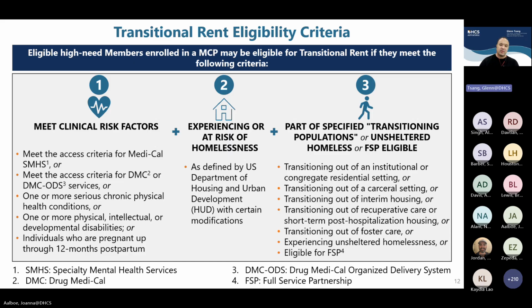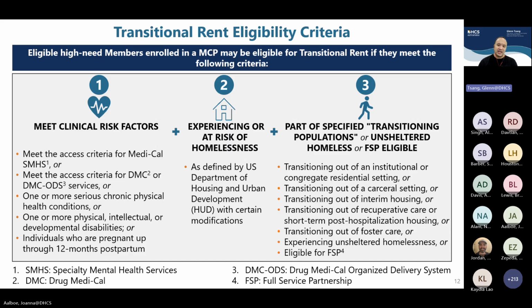Medi-Cal managed care members will be eligible if they meet one or more of the following clinical risk factors that are listed here in bucket 1, and are also meeting bucket 2, experiencing or at risk of homelessness as defined by HUD. And then also bucket 3 here, are part of a specified transitioning population or meeting the high risk unsheltered homelessness or those eligible for full service partnerships.